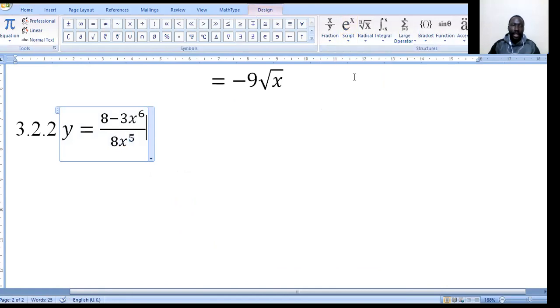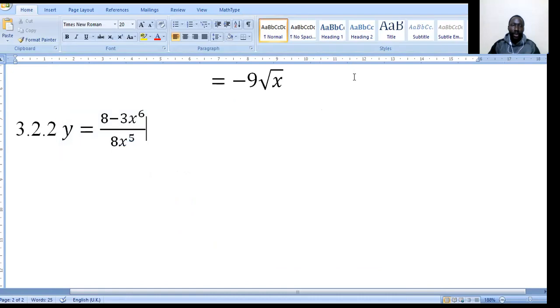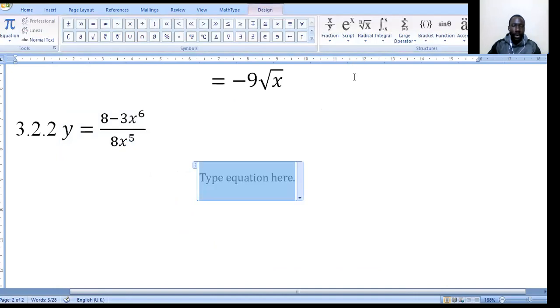So let's first simplify this before we use that formula to differentiate. How are we going to simplify this? Well, we just say y equals 8 divided by 8x raised to the power of 5, minus 3x raised to the power of 6 over 8x raised to the power of 5.